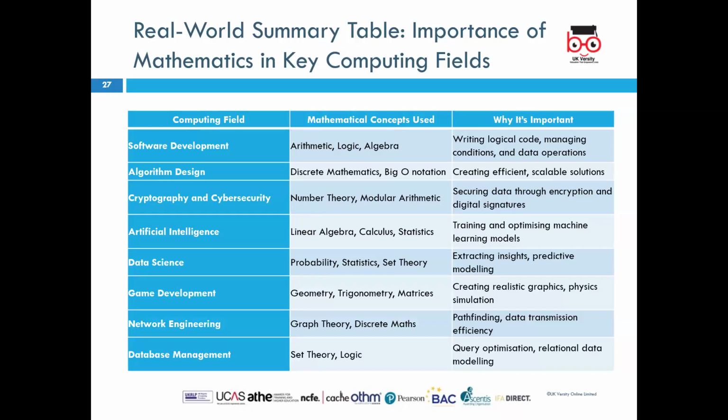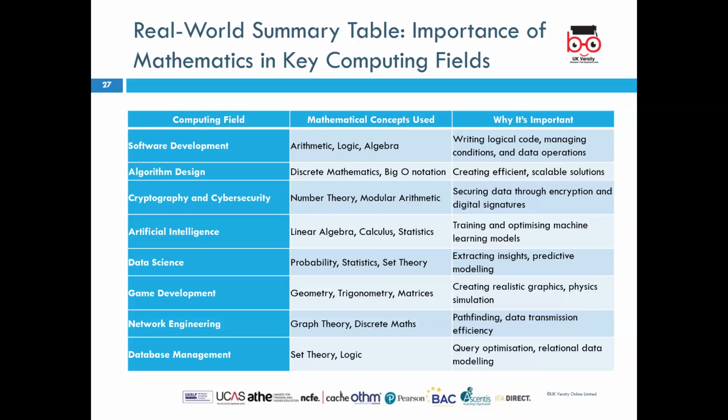AI uses linear algebra, calculus, and statistics, and it's important because of training and optimizing machine learning models. Data science uses probability, statistics, and set theory, and it extracts insight and predictive modeling.